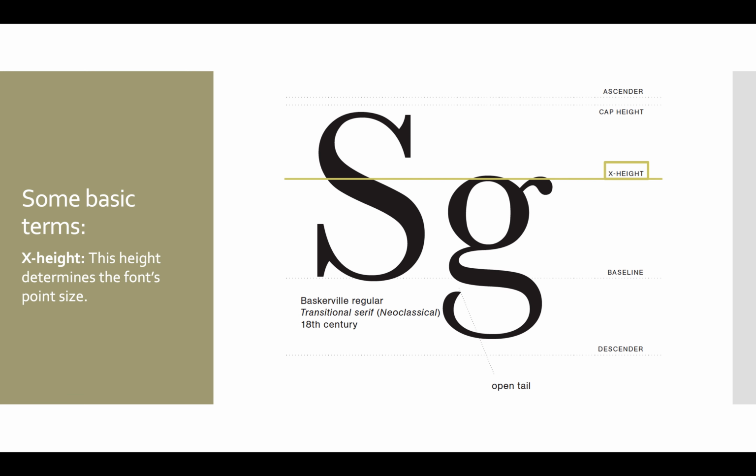So this can be why you can set two different fonts at the same point size, but one of them feels larger than the other. And it has to do with how the ascenders and descenders are formed in relation to the rest of the letters. So this is why it's good to have a sense of what the terms are, so that we can talk about how these different changes can affect the feel of the type.